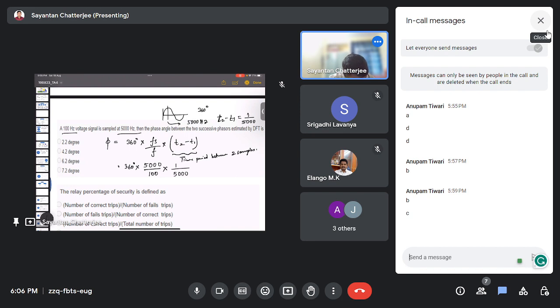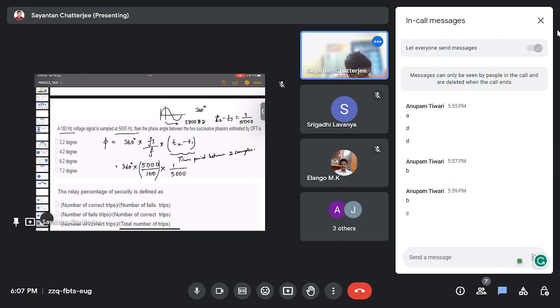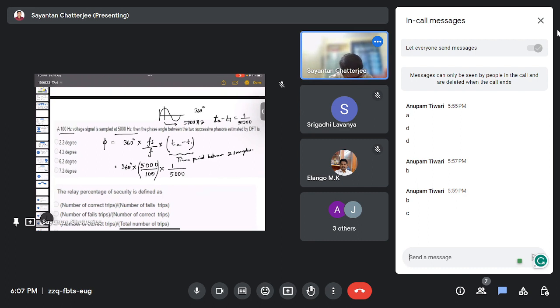Frequency of sampling by frequency of operation, that would be 50, and T2 minus T1 is 1 by 5000. I think the answer would be 3.6 itself.